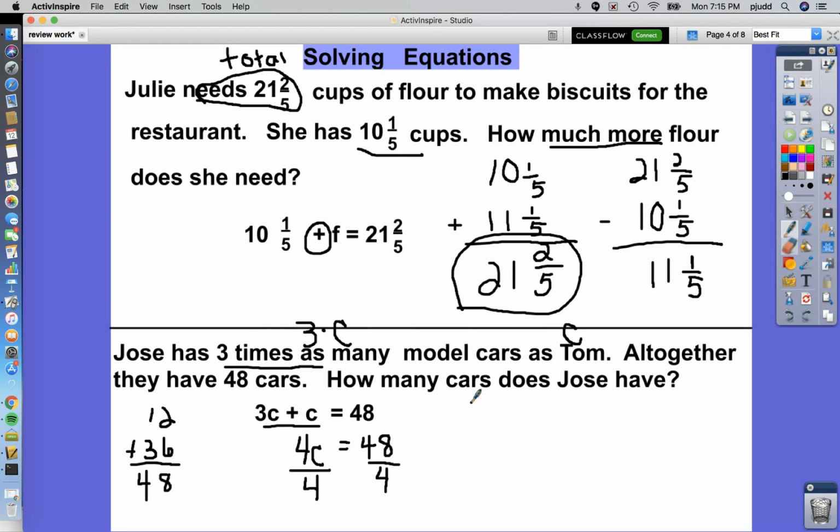Okay, so if C equals 12, 3 times 12 plus 12 equals 48. 3 times 12, that's 36, plus 12 equals 48.